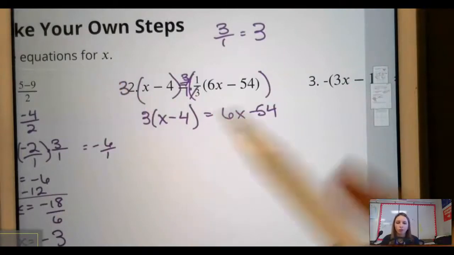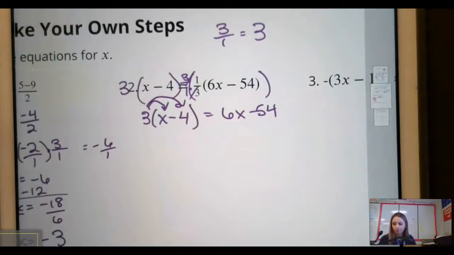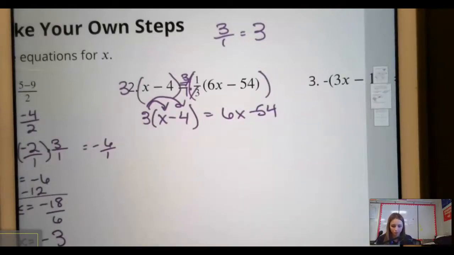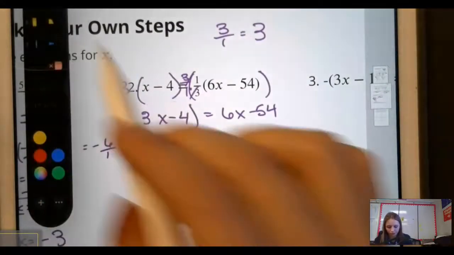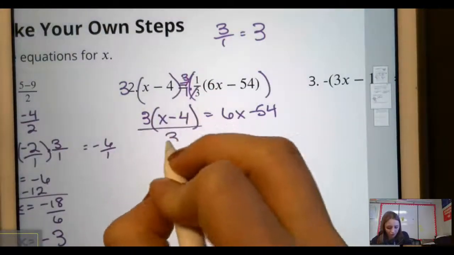Alright, so now what I'm going to do is distribute. And at this point, you can distribute, or what you could do is possibly divide each term by 3. Actually, instead of distributing, I am going to divide by 3.